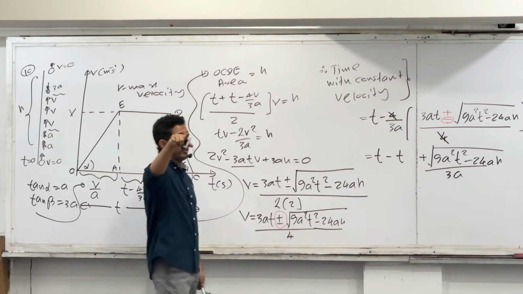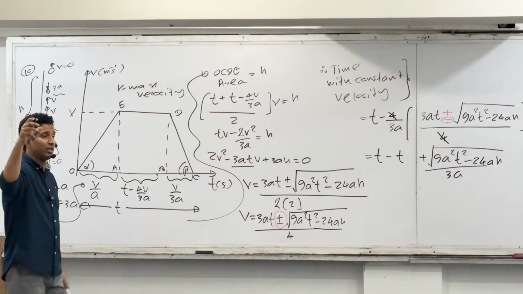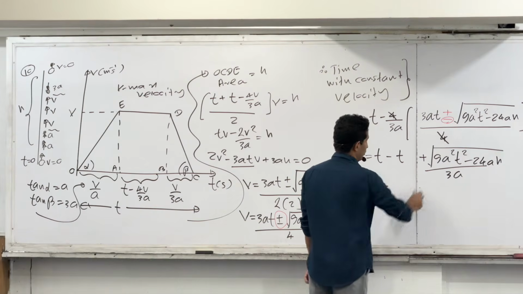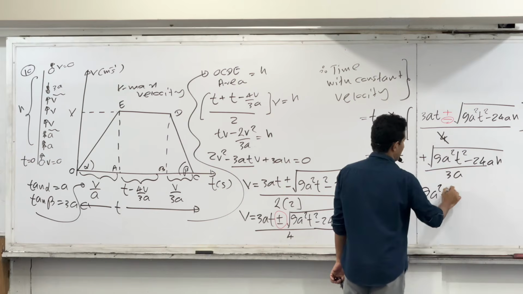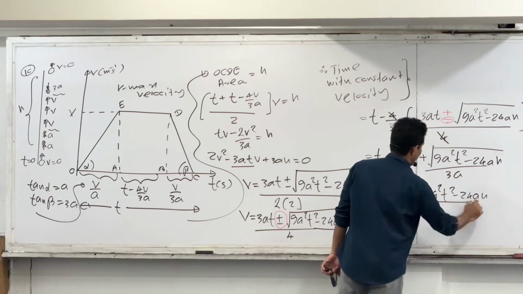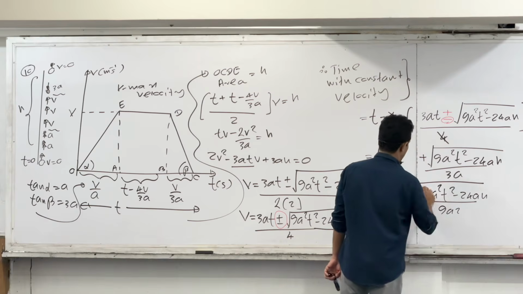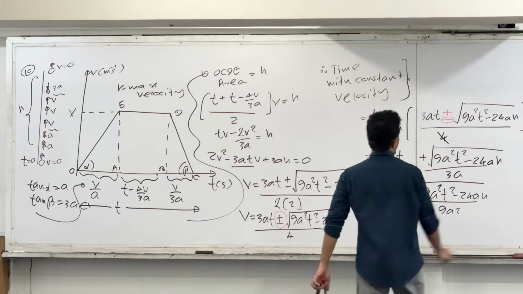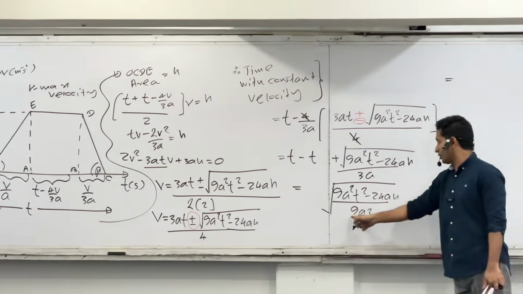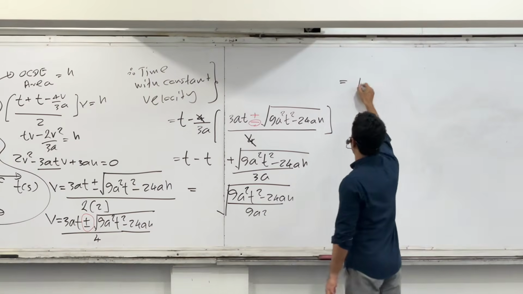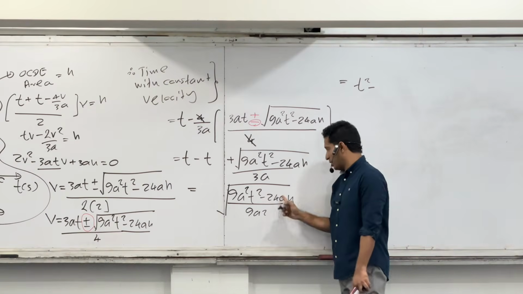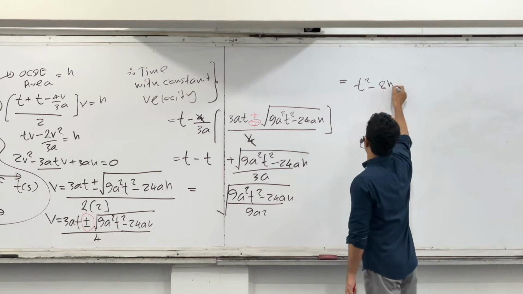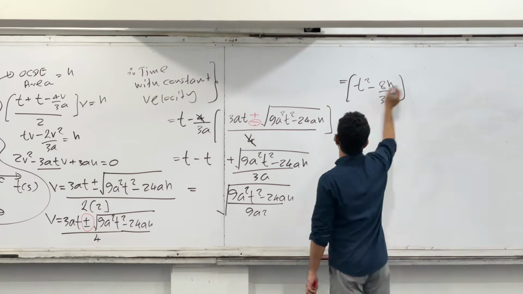Now you should remember what I told you at the beginning when we were doing vectors: when you take it inside the root, it becomes larger. So 9a squared t squared minus 24ah divided by 9a squared, under the square root. Now right, time taken with constant velocity: 9a squared to 9a squared cancel, that becomes t squared minus, here 1a to 1a cancel, 24 is divisible by 3, 8h over 3a, square root.